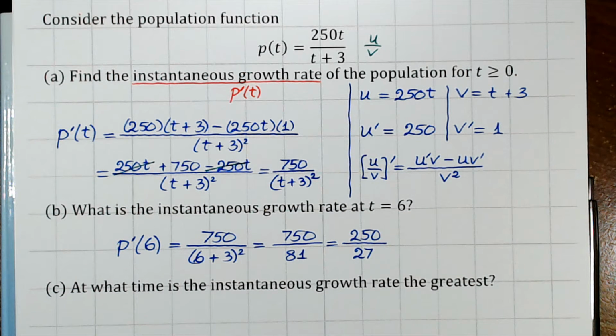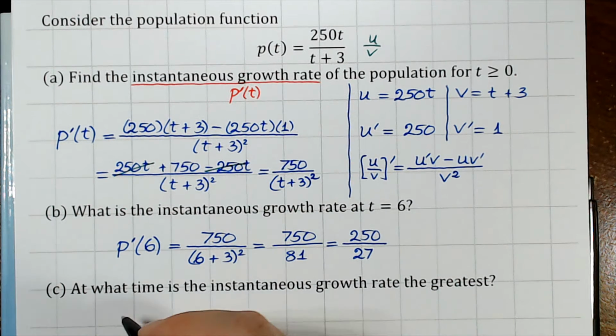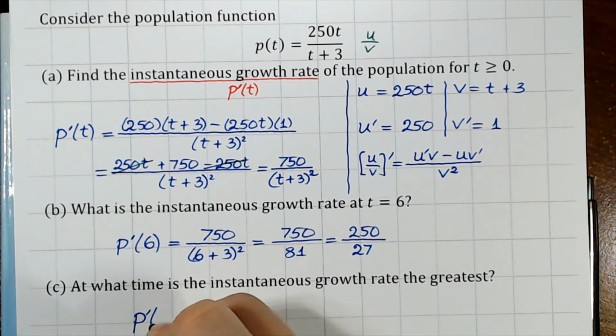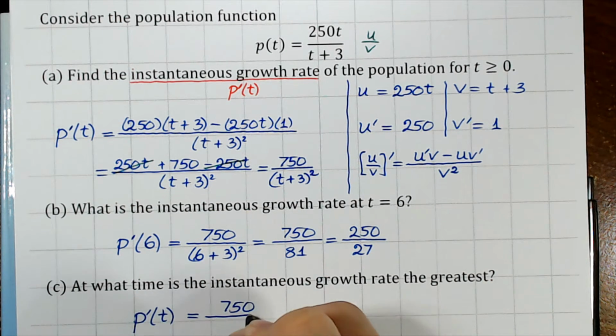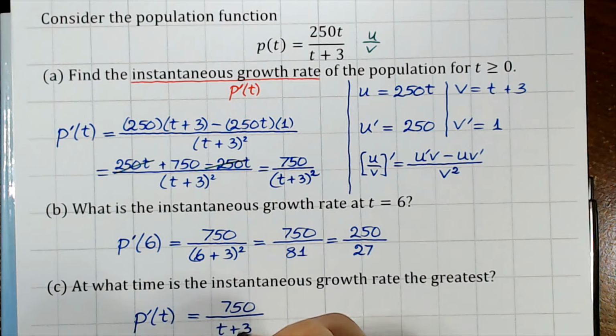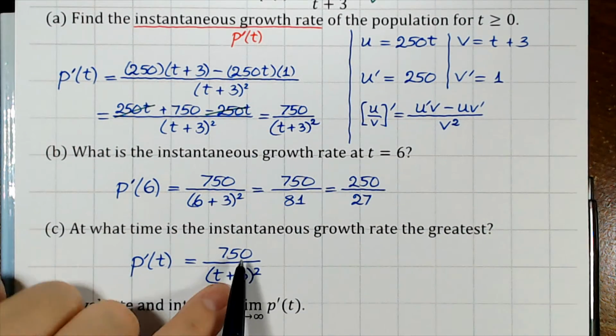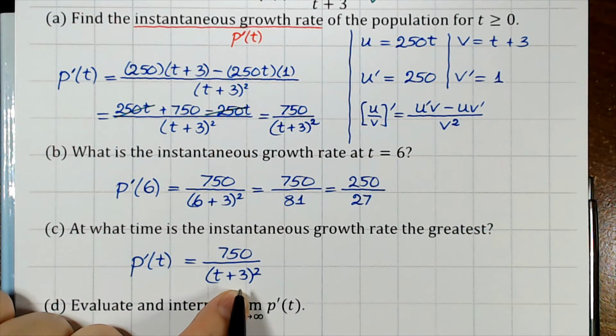Next: at what time is the instantaneous growth rate the greatest? The instantaneous growth rate is the derivative, 750 over t plus 3 squared.